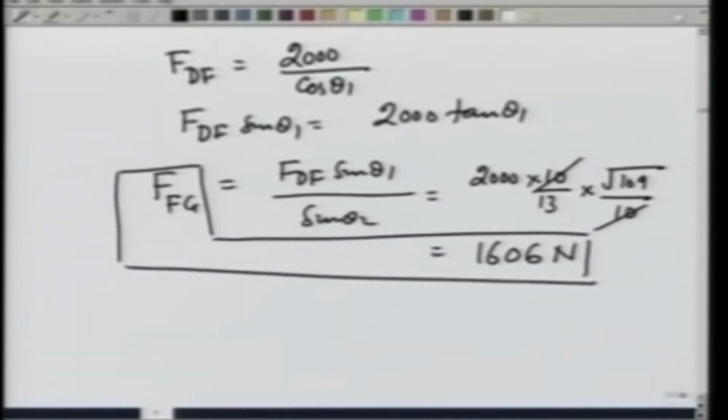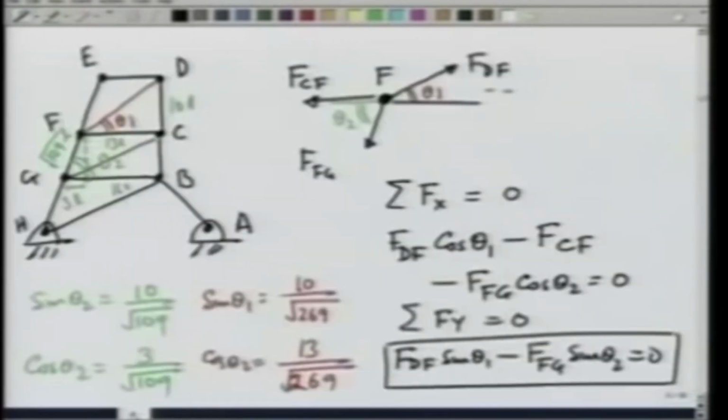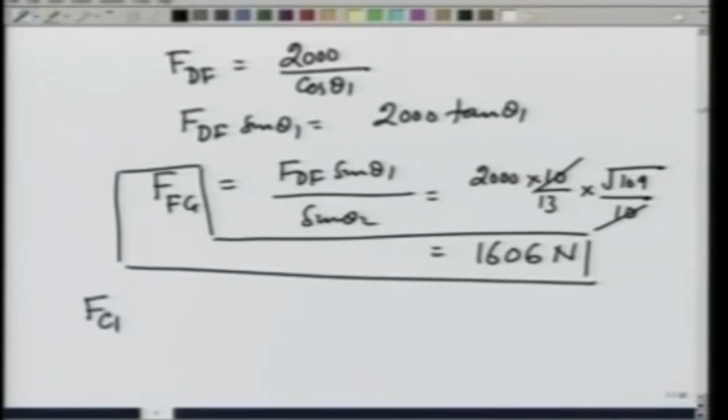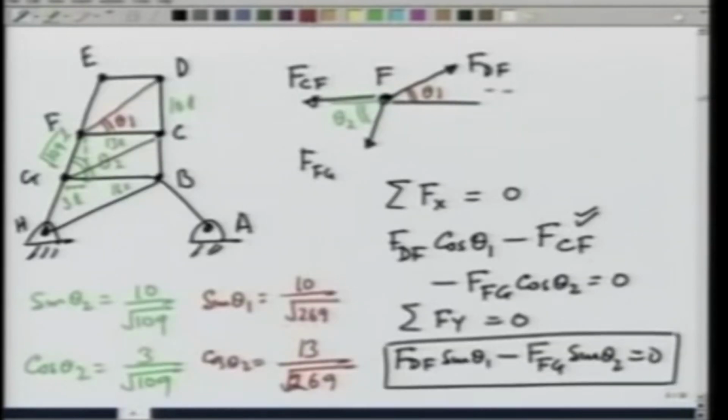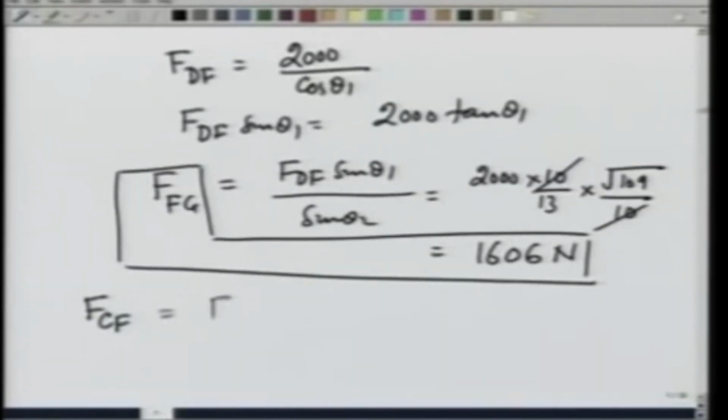Having found F_FG, we can now calculate F_CF also, because F_CF is going to be from the previous equation. If you look at this equation, it is F_DF cosine theta 1 with a minus sign plus F_FG cosine theta 2. You plug in the numbers. F_DF cosine theta 1 we already know is 2000.